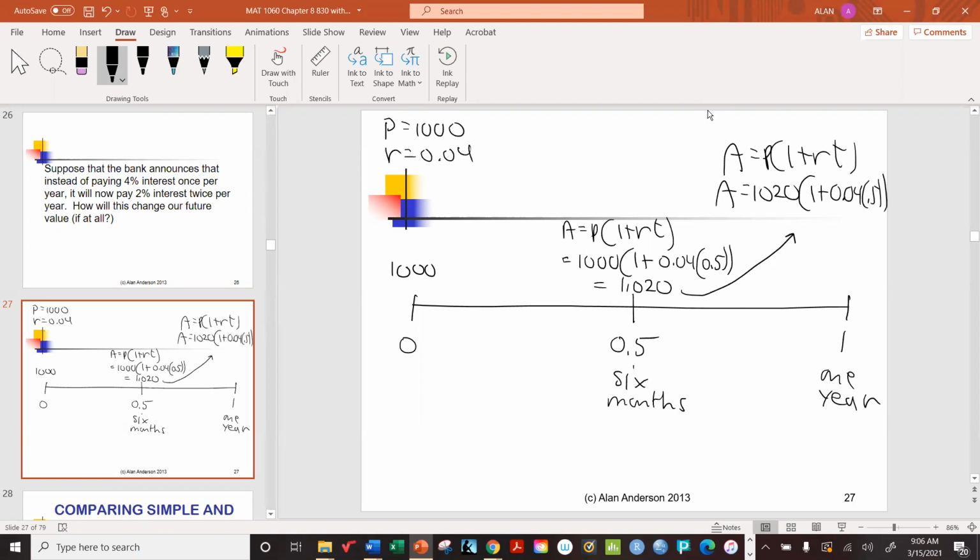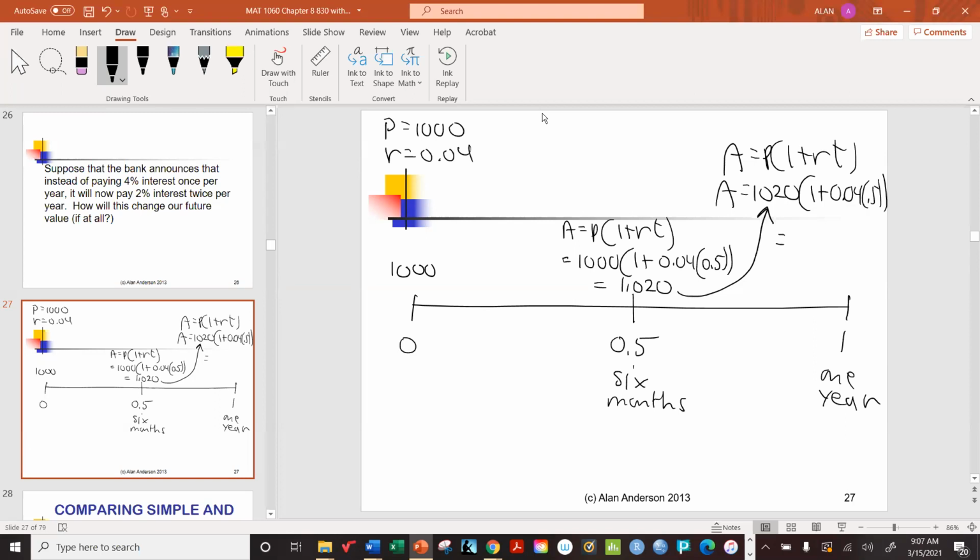So we've got a 4% rate of interest. Again, we're using a time of 0.5 because this is 6 months later. And the key difference here, what I want you to notice is that the P is 1,020, not $1,000, because after 6 months, we have $1,020 in the bank, not $1,000. This part hasn't changed. It's still 4% earned over 6 months.